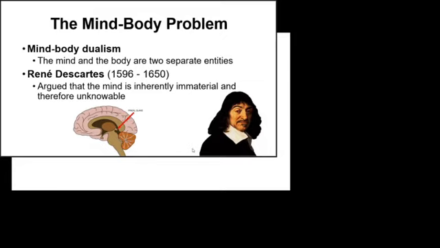And he picked that because it's one of the very few structures in the brain that isn't mirrored. It's just a single structure in the center as opposed to having two hemispheres. And he argued that that's exactly where you'd expect to find something that could lean one way or the other to control how you move. And what was the pineal gland directing?